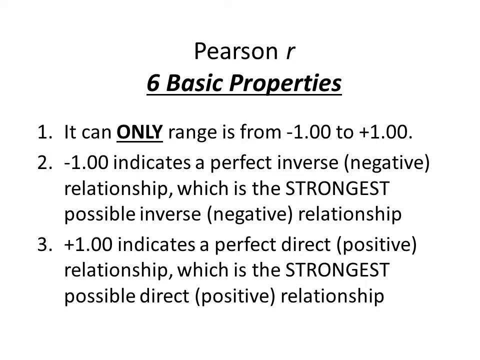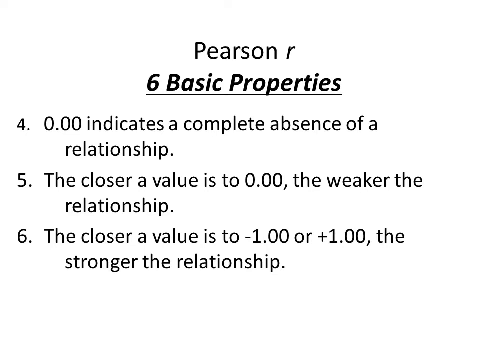The fourth basic property is that a 0.00 indicates the complete absence of a relationship. Please notice that I did not say 0, it is a 0.00 that indicates a complete absence of the relationship.